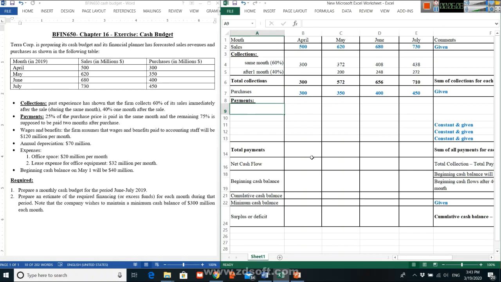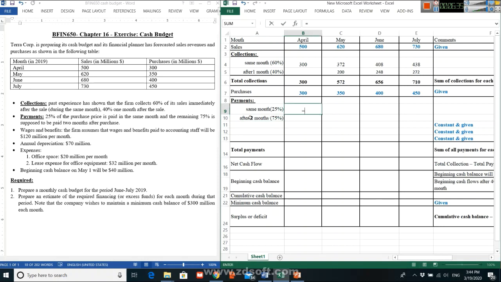Let's put in here same month, 25%, and after 2 months, the remaining 75%.